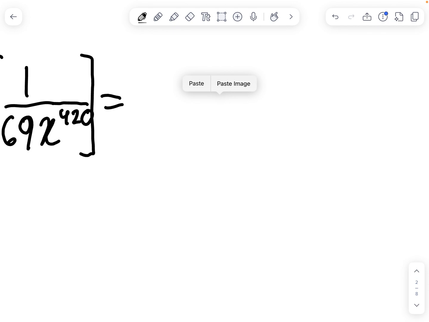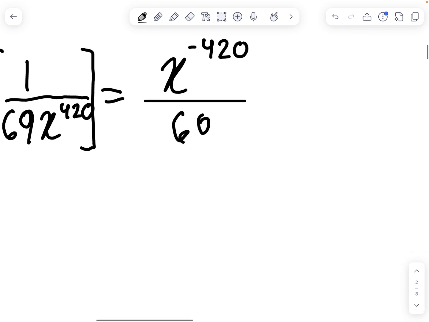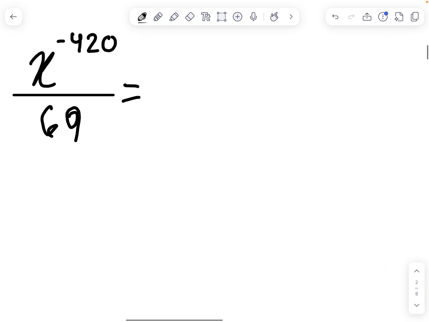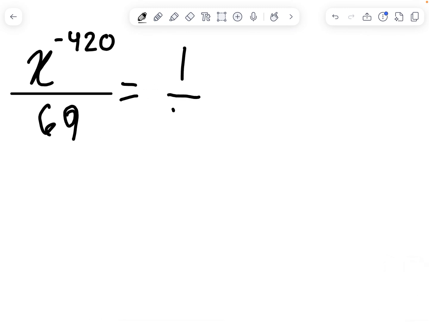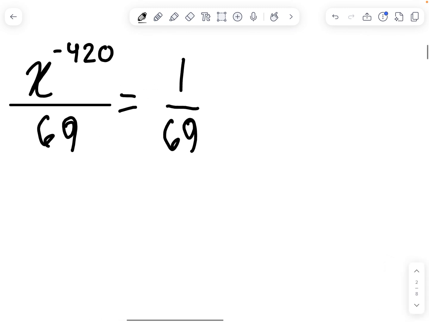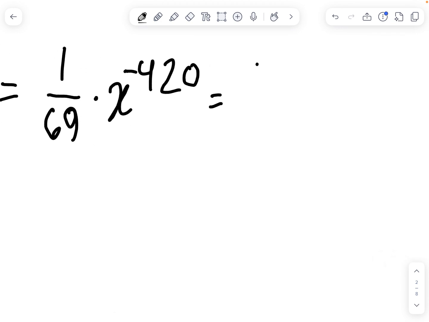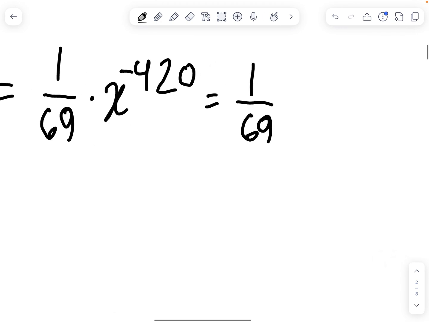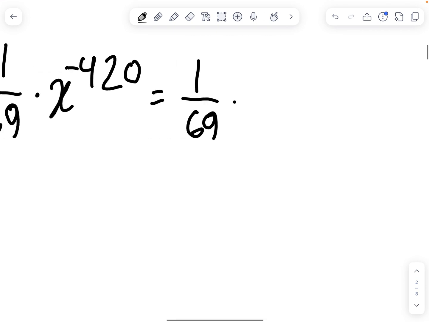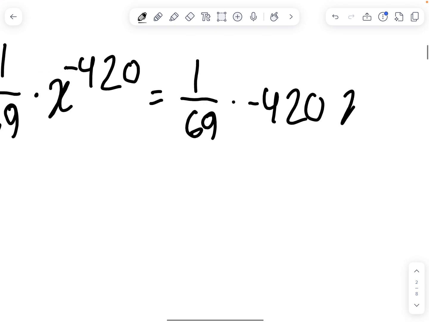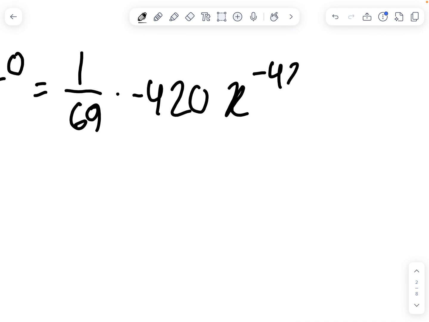So this is basically just going to equal x to the power of negative 420 over 69, and then this is equal to 1 over 69 times x to the power of negative 420, and then applying the power rule and the constant multiple rule from before, this is just going to equal negative 420 over 69 times x to the power of negative 421.